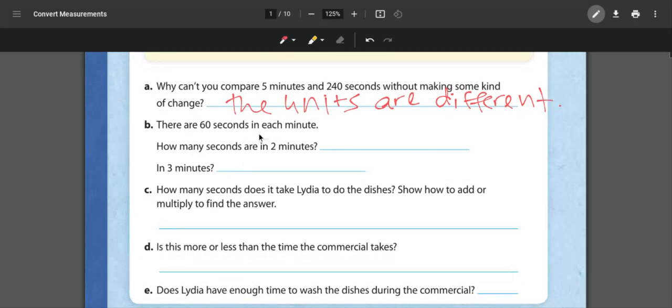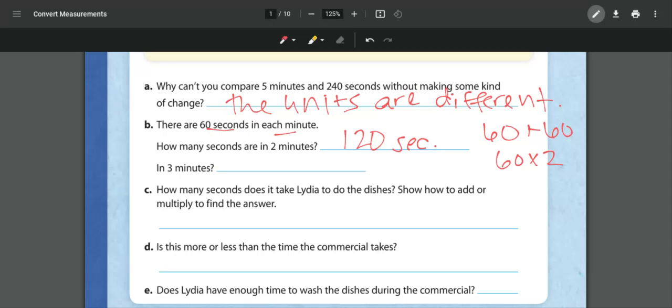Okay, letter B. There are 60 seconds in each minute. How many seconds are in 2 minutes? Well, if 60 seconds are in 1 minute, I have another 60, which is also 60 times 2, which is 120 seconds. What about 3 minutes?